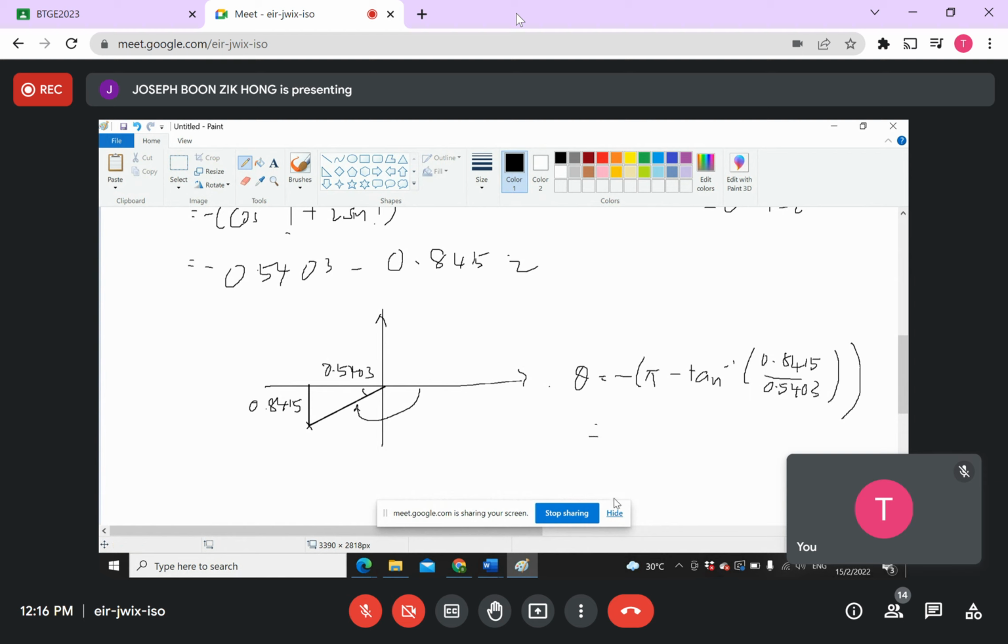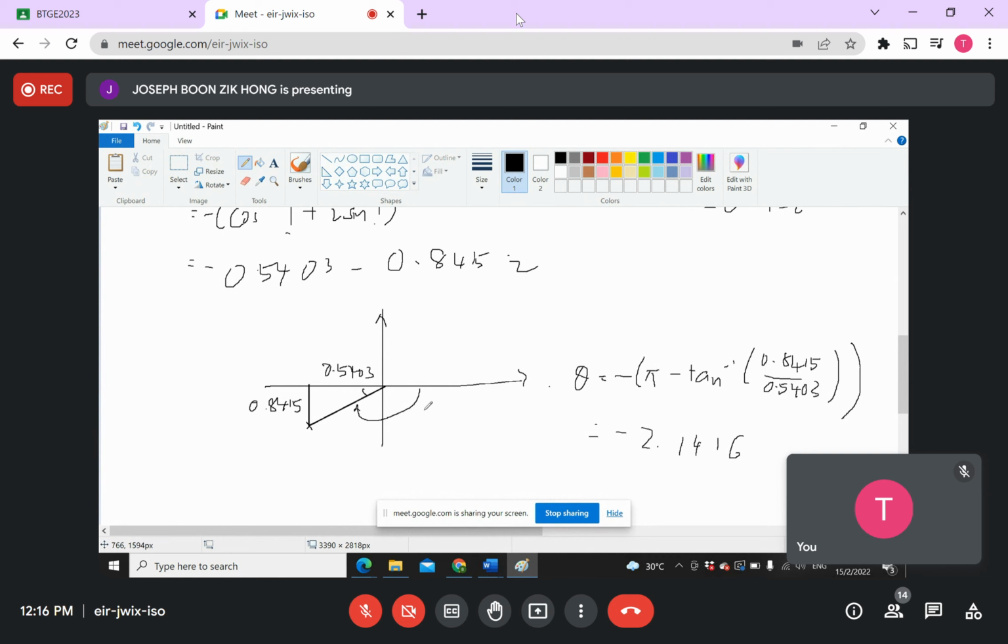Okay, so we try shift tangent of 0.8415 divided by 0.5403, and then pi minus the answer. So it should be negative of 2.1416. Okay, and then don't forget plus 2k pi.